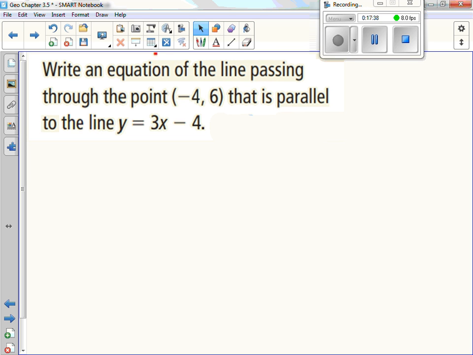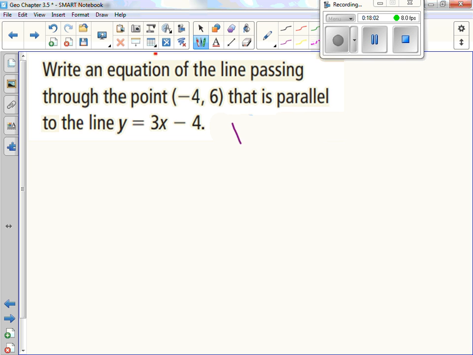Does anybody need another one of these? Yes? Do another one with finding parallel? Yes? No, we're good? If we're good, we'll move on. But if anybody, even one of y'all needs to see another one of these, I'm going to do it. Let's do one more. Because I think it's been a day since y'all have done this, yes?